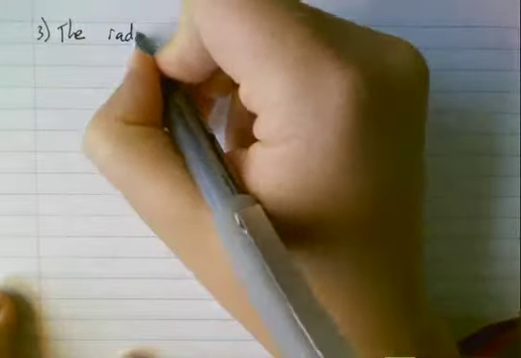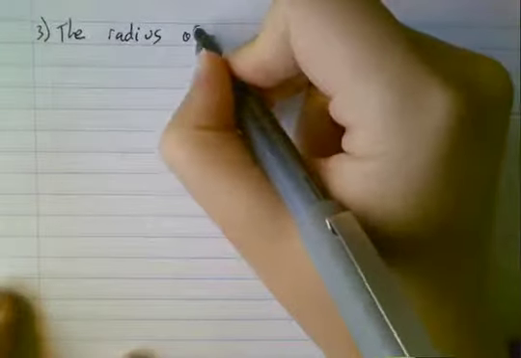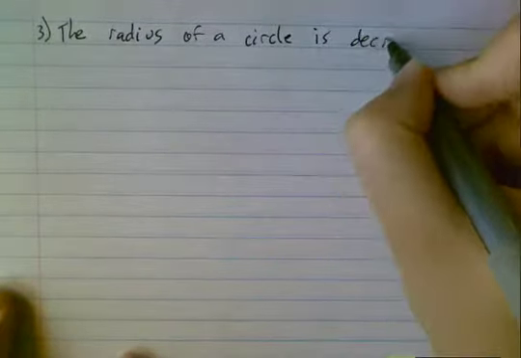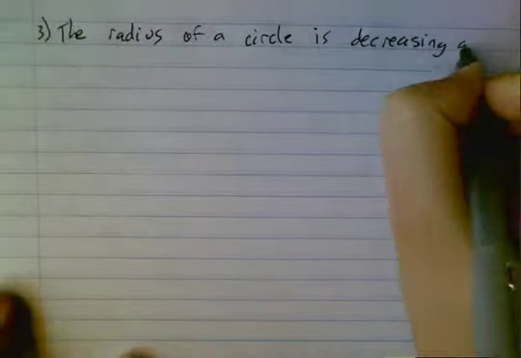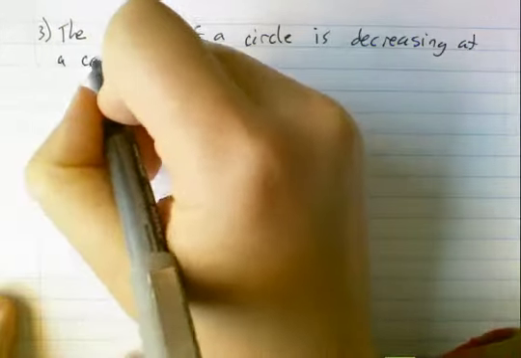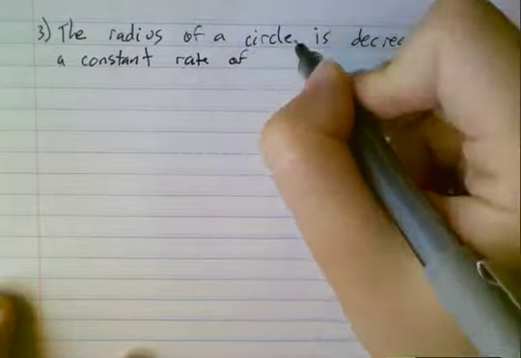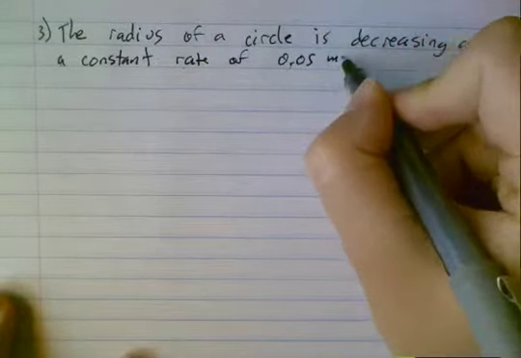Let's just do a couple more problems with some other geometric shapes, since we've used triangles both times so far. The radius of a circle is decreasing at a constant rate of 0.05 meters per second.